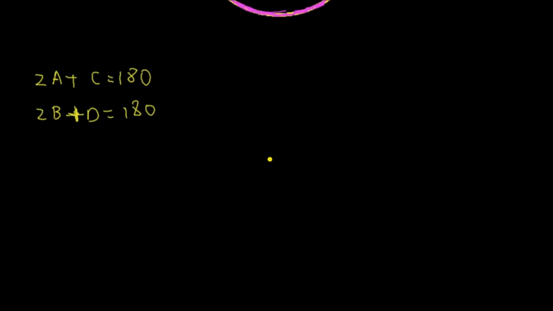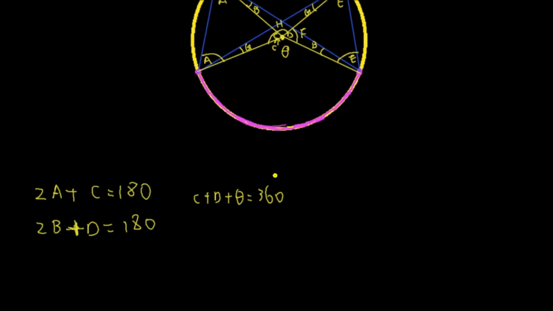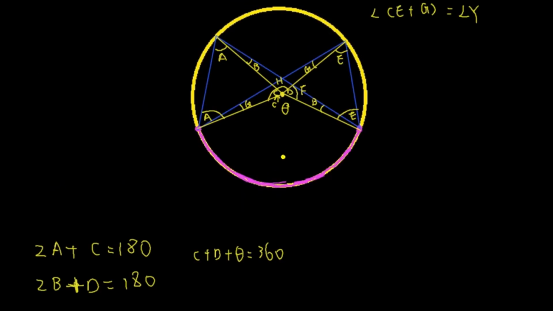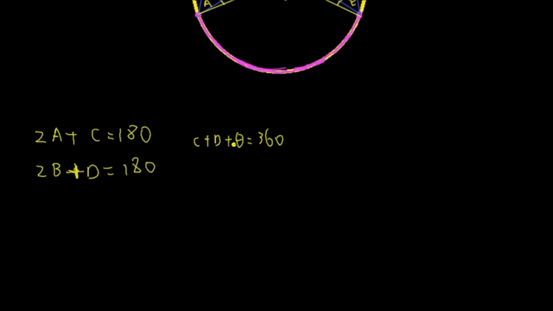So we can also write that C plus D plus theta is equal to 360. Just to make sure that this is D.